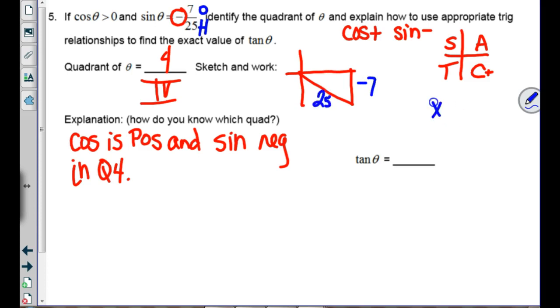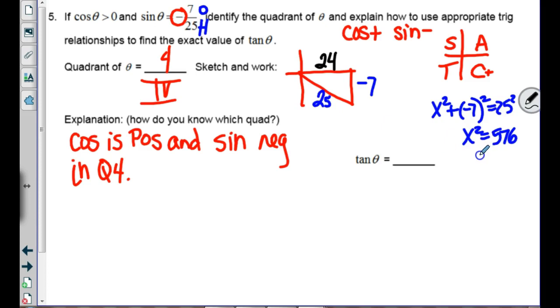Okay, so we're looking for x. 25 squared minus 49 is 576. 24. Did I do that right? That was kind of a guess in my head. I mean, I know these triples, but all right.